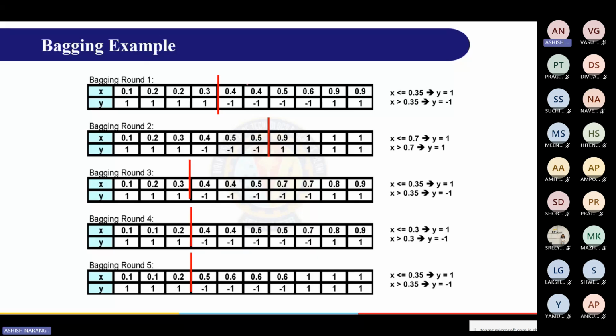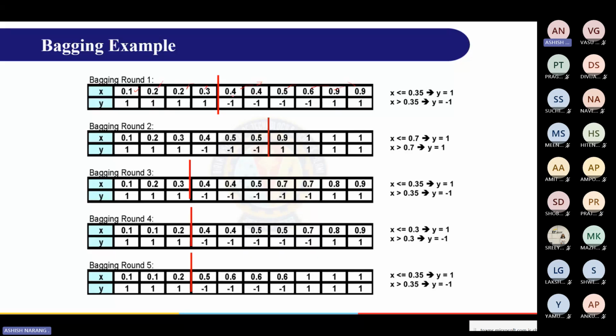Look at this. Bagging round 1: when we pick up the first sample, it has picked up 0.1, 0.2, 0.2 twice, 0.3, and then 0.4 twice, 0.5, 0.6, 0.9 twice.